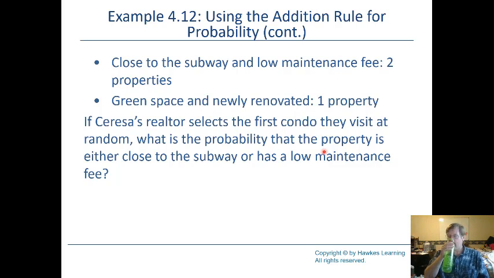So, what is the probability that the first randomly selected condo to visit is either close to the subway or has a low maintenance fee? Alright, so I'm going to go back for a second so you can get the information, do the calculation, and move on when you're ready.